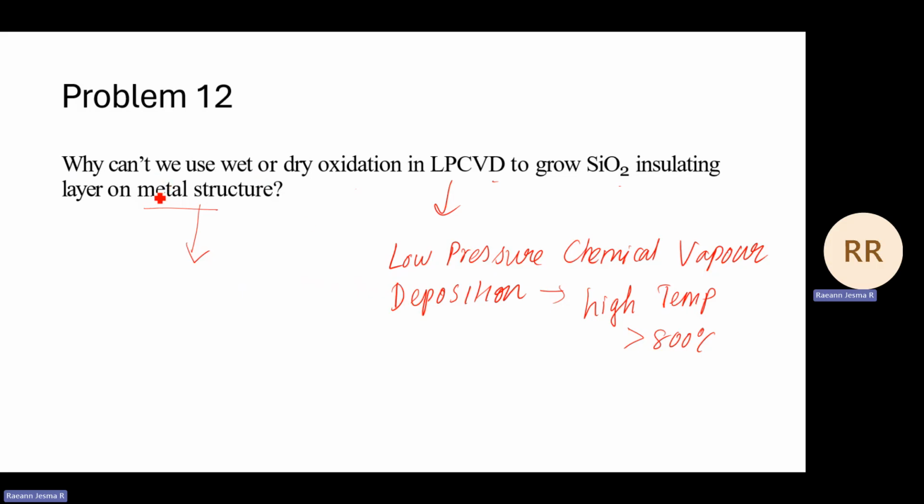So that's why we cannot use any wet oxidation or dry oxidation in LPCVD in order to grow SiO2 layers. What we will do instead is use a low temperature deposition process such as PECVD, which is plasma enhanced chemical vapor deposition.